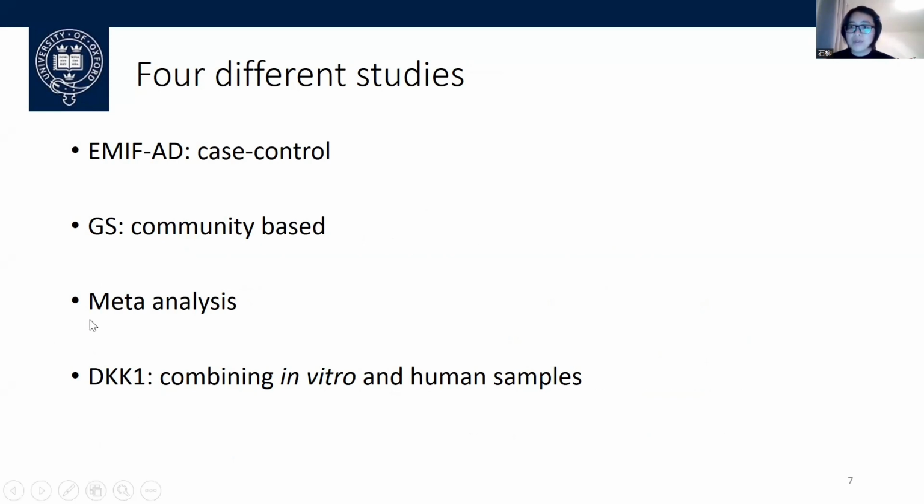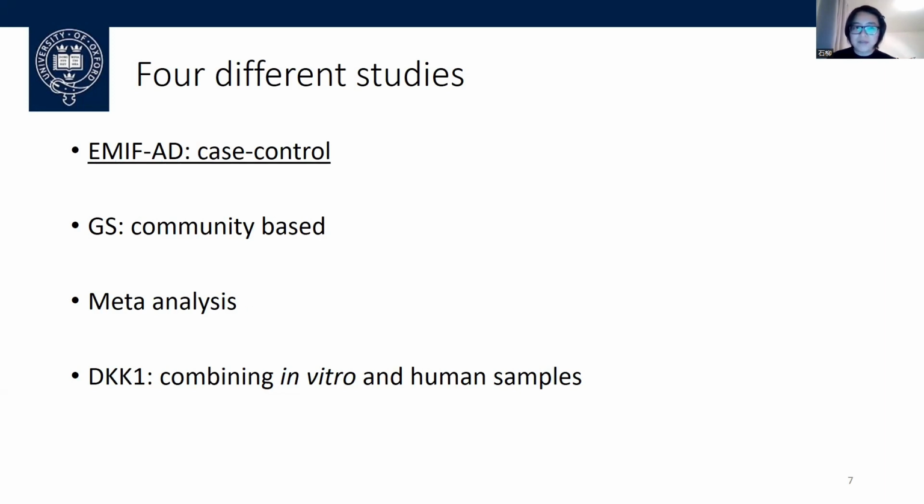The third is a meta-analysis, where we gathered all the data that we have and ran a meta-analysis to test the robustness of the biomarkers for diagnosing Alzheimer's disease. And the last is the DKK1 study, which combines in vitro and human samples together.